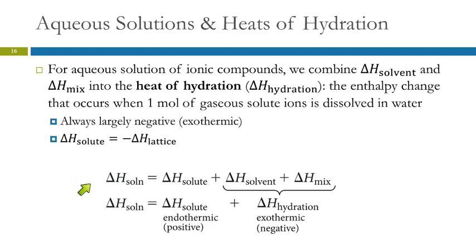So if we're looking at the heat of solution, that's the heat of the solute plus the heat of the solvent plus the heat of mixing. That's what we were just talking about. Now we're going to combine these 2 terms and call this the heat of hydration, always negative, and delta H for the solute is always endothermic, always positive, because you're having to separate the solute particles. You still with me?